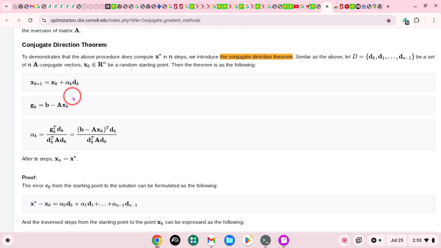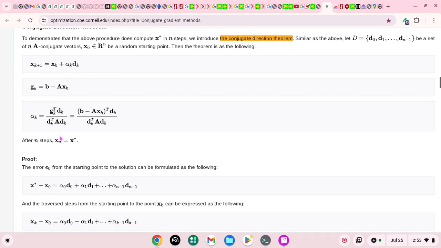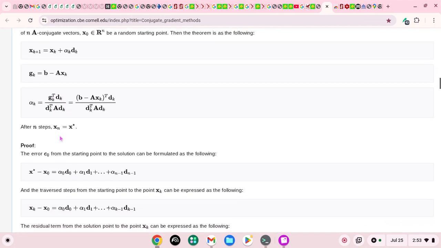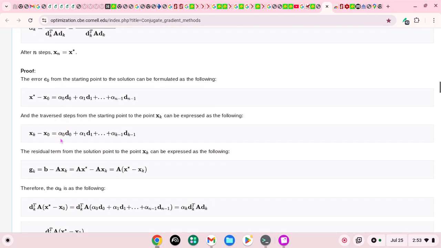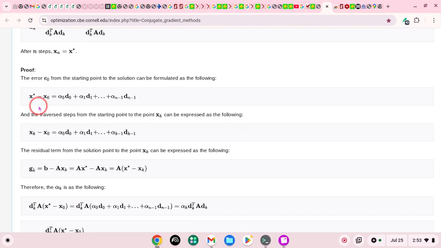We needed iterative steps, like x_(k+1) equal to x_k plus alpha_k d_k, where r is the residual, and alpha can be computed based on the previously mentioned expression. This also says a similar thing: the expansion as a summation can be done with alpha_0 to alpha_(n-1). In conjugate directions, our task is to compute alpha_0 to alpha_(n-1).